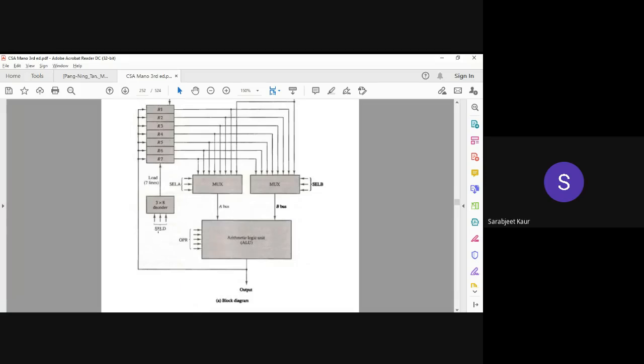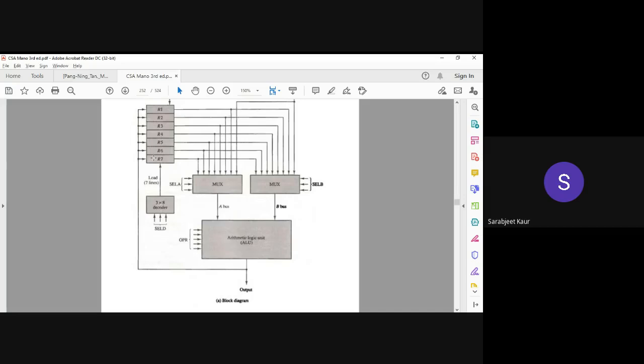Now, which register to store the result in? That is specified with the help of this 3x8 decoder which is present here. So we give it 3 input lines, okay, and accordingly it selects one of these registers. We know that this has 8 outputs, right?